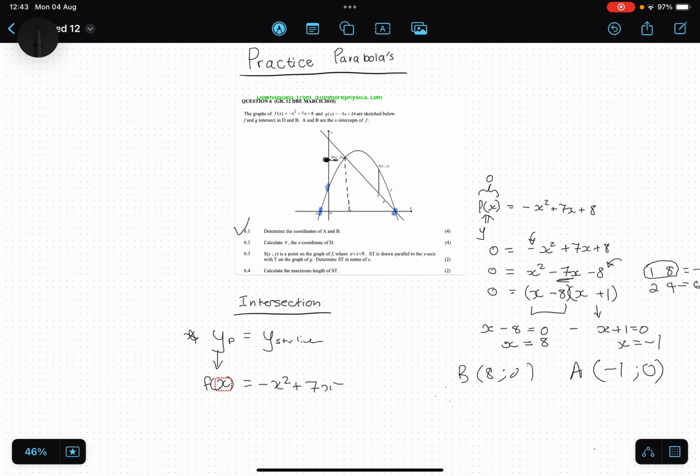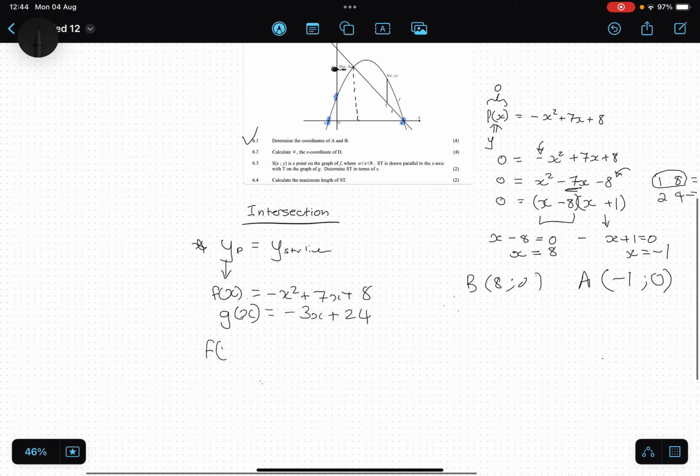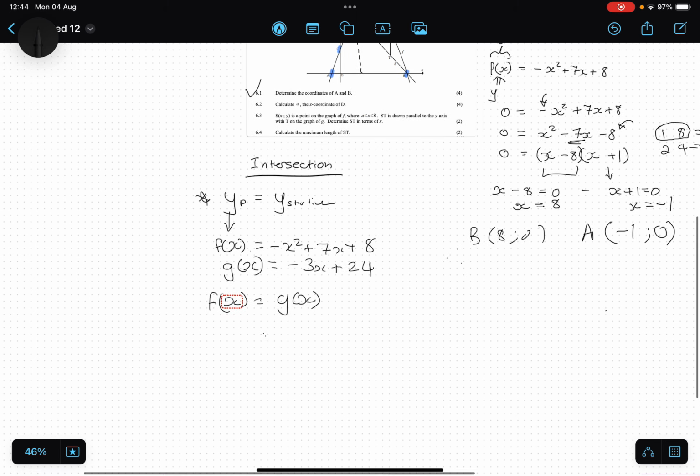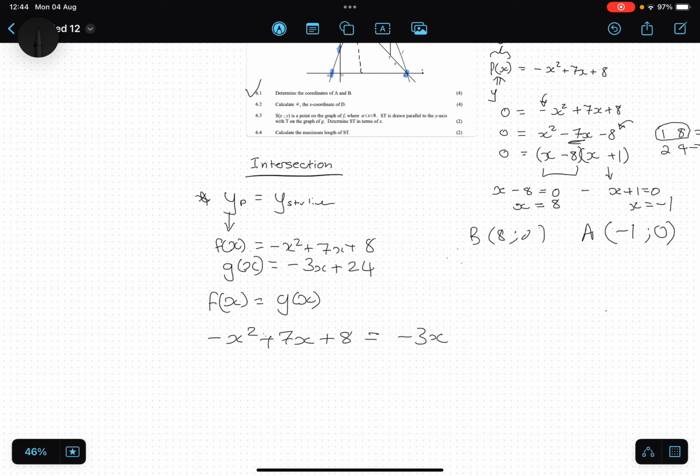We know that that is that one, and then the other one, g of x, is equal to minus 3x plus 24. So what we're saying here is f of x equals g of x. We are going to take these equations and equate them, so making them equal.